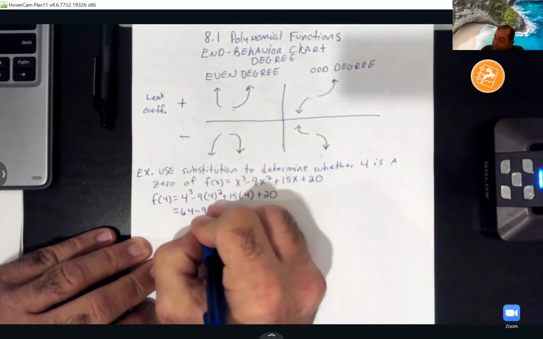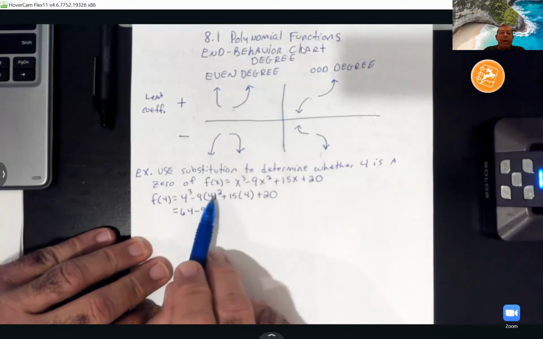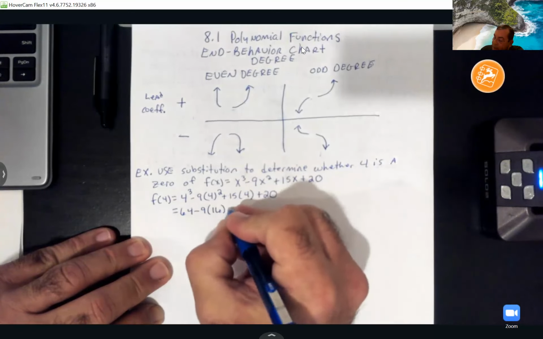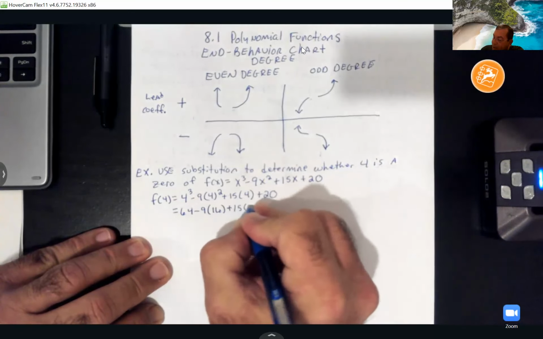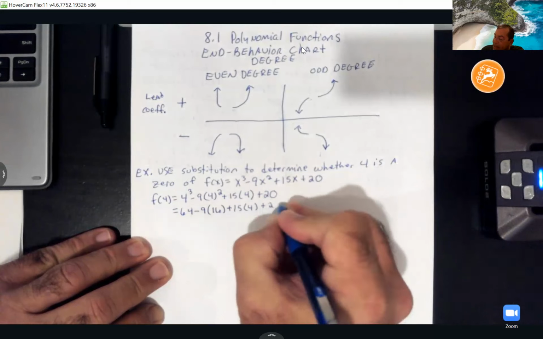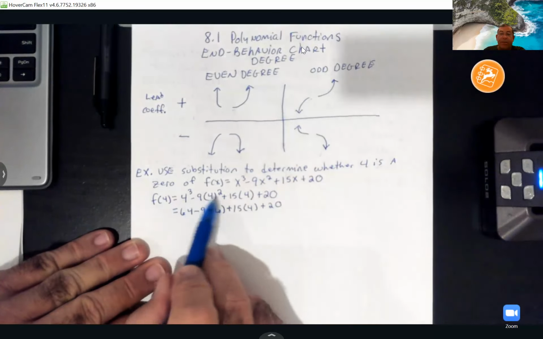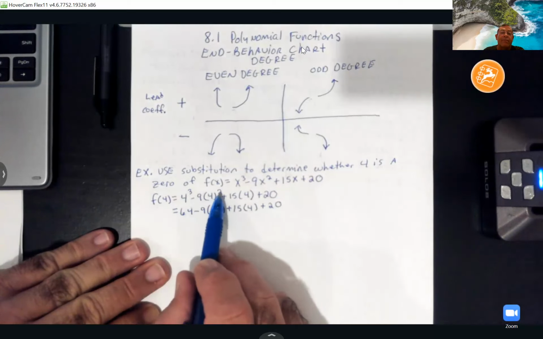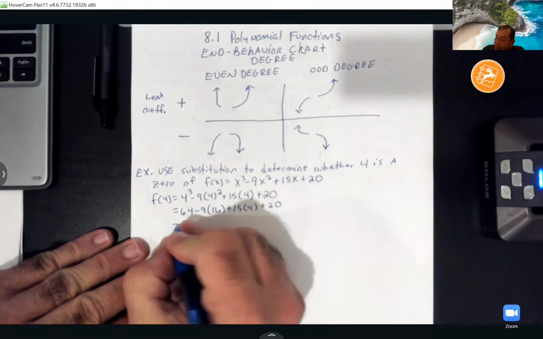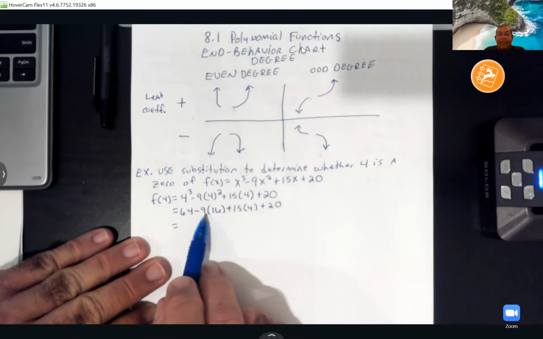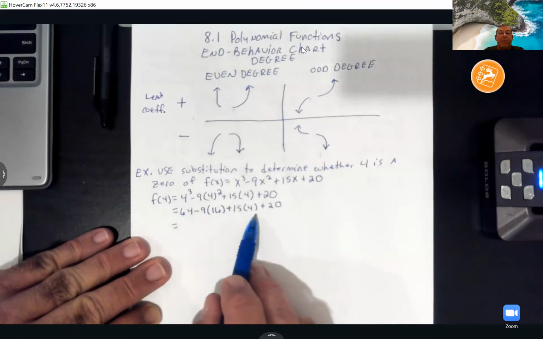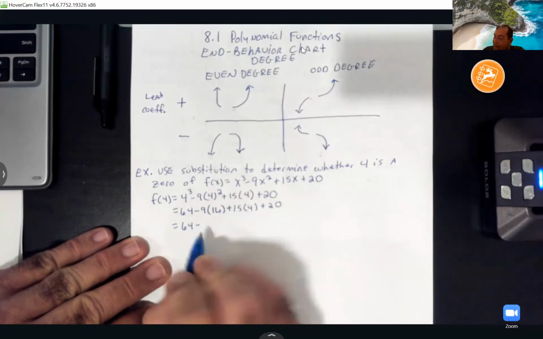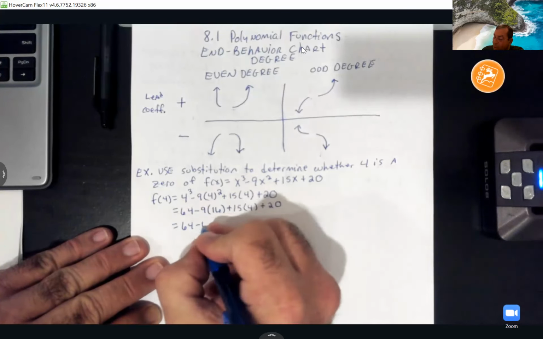Minus 9 times 4 squared. 4 times 4 is 16. And then I'm just bringing everything else down, y'all. So only thing I did on that step was did the 2 exponents. I did the 4 to the 3rd and then this 4 squared. Now I'm going to go and multiply this 9 and 16 and then that 15 and 4. So bring down my 64 minus 9 and 16 is 144.